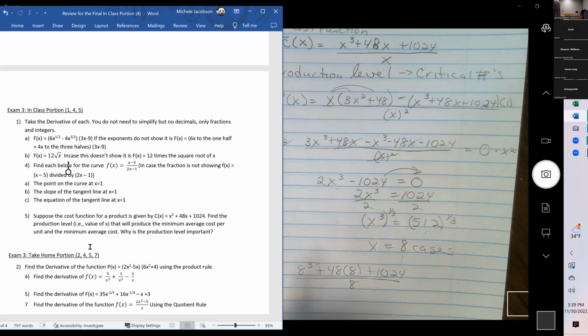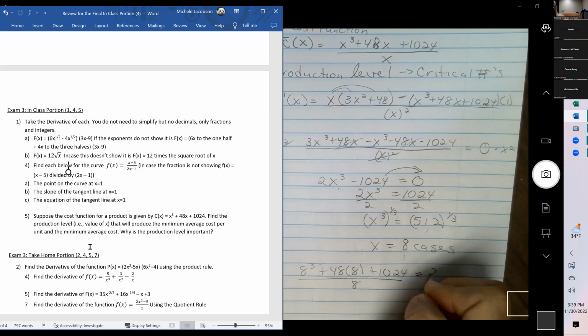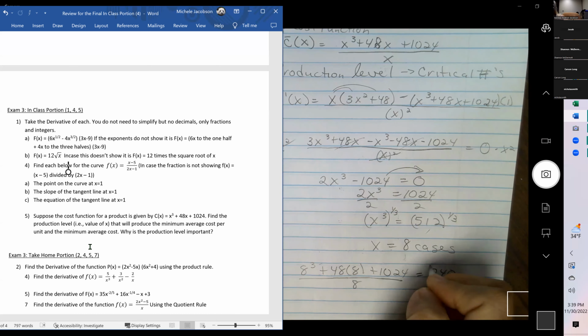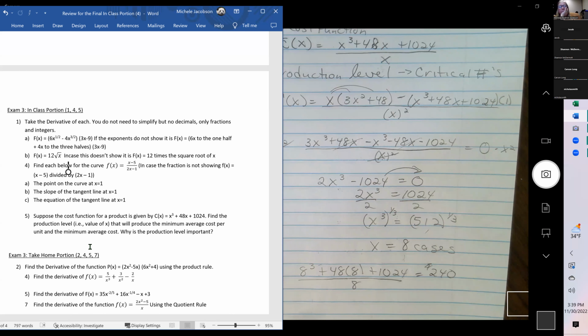Okay. When we solve this, this is going to tell us how much it will cost per case.